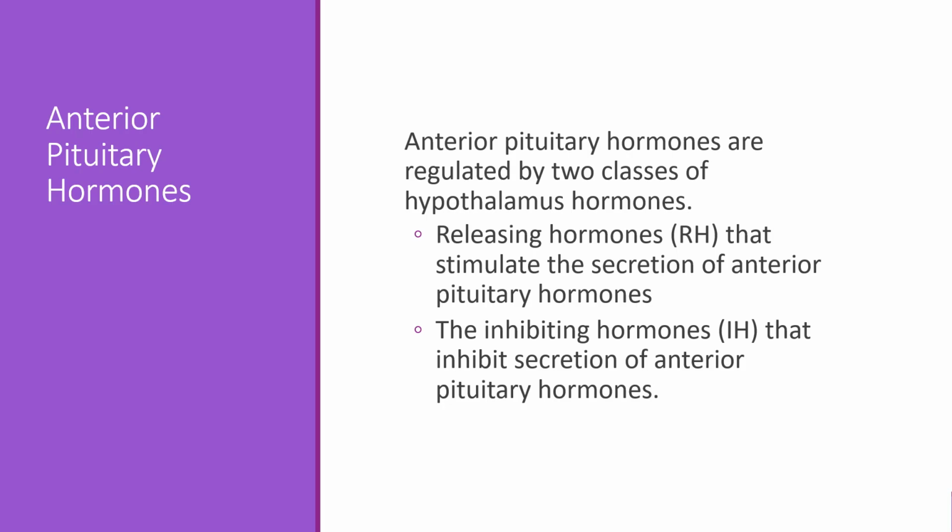Then you also have inhibiting hormones coming from the hypothalamus. They always have IH at the end of their name, and they're going to inhibit the release of those hormones from the anterior pituitary. So RH hormones and IH hormones all come from the hypothalamus, all target the anterior pituitary. All right, every single one of them.